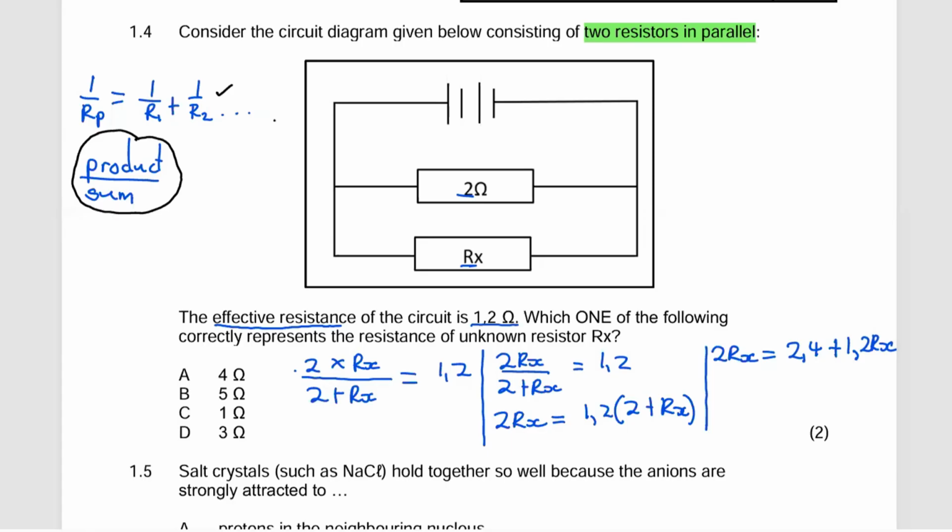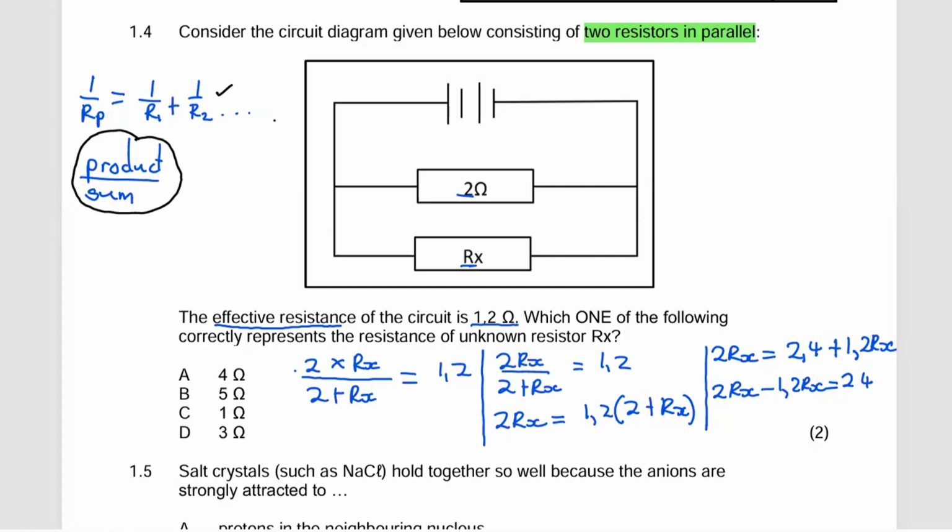So let's group the like terms. It means 2Rx minus, since we're transposing, 1,2 Rx is equivalent to 2,4. Then at the end of the day, this is what we are having on our right hand side, only 2,4.